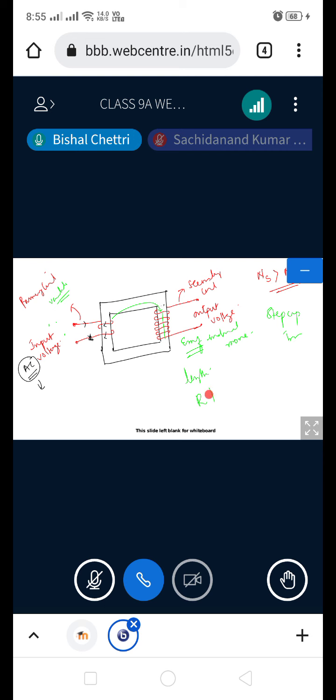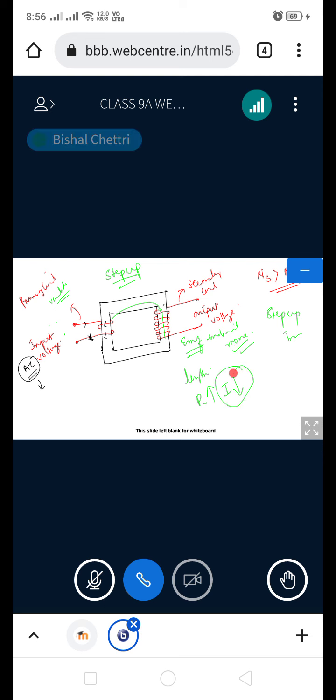If the resistance increases, the value of current will be less or more? Less. So as it is a step-up transformer, induced EMF is becoming more. That means it is increasing the voltage, but it is decreasing what? Current.